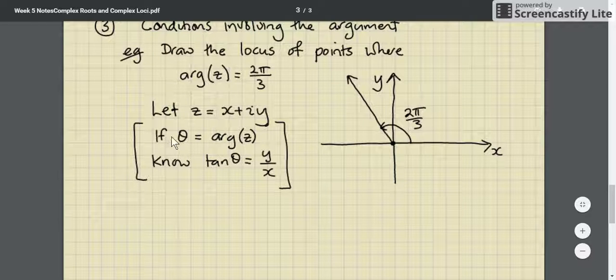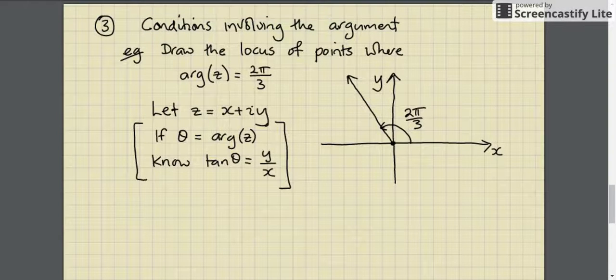And if we know that theta equals the argument of Z, then we know something about tan theta. We know that tan theta is equal to y over x. This particular result, you will find as one of the questions in the assignment I've set you. You need to interpret what tan theta is in terms of this ratio.